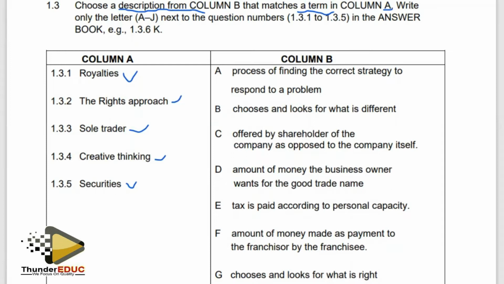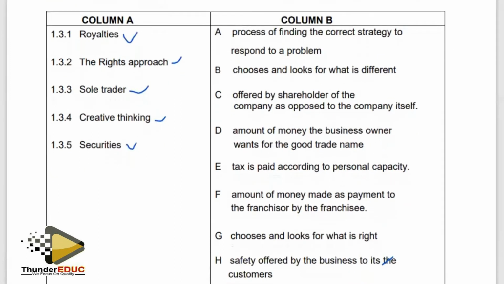For example, royalties are given here. A royalty is the amount of money made as a payment to the franchisor by the franchisee.